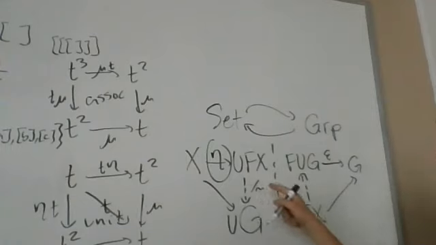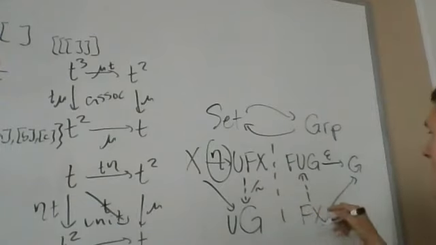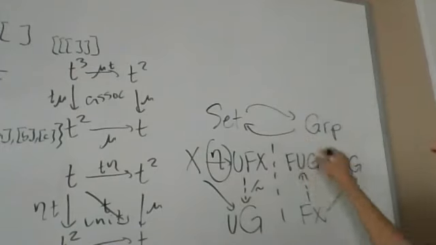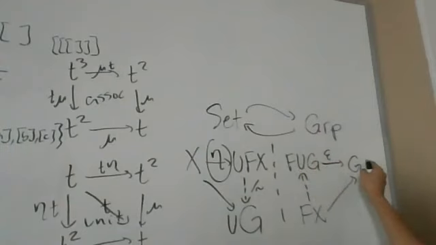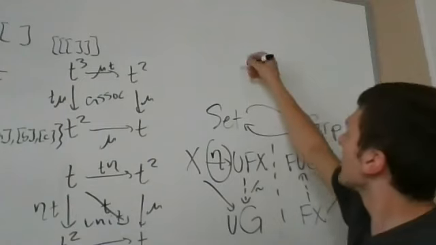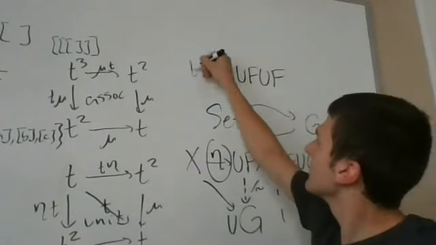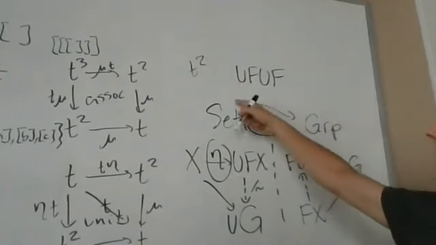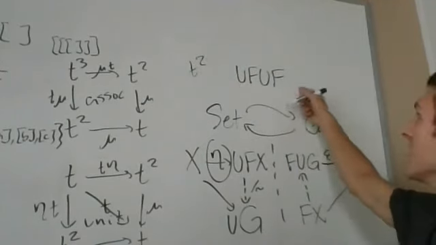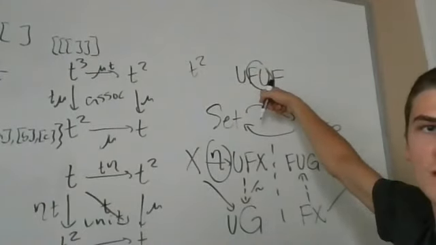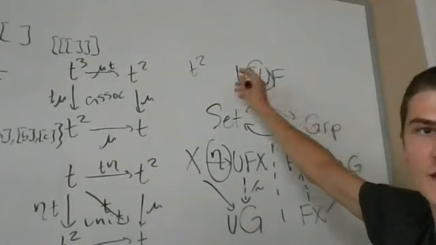And the way that you do the multiplication of the monad, so here the co-unit is doing the opposite, where you have going there and coming back, and you are able to collapse that to the identity. And so the point is, when you have T squared, which is UFUF, then you use the co-unit on the middle to collapse that to the identity, and then it goes back down.